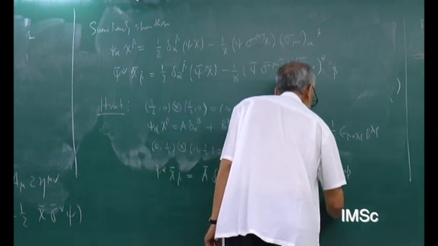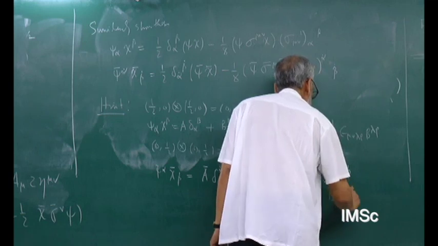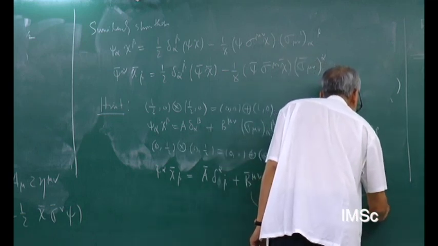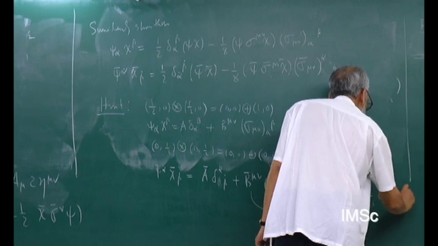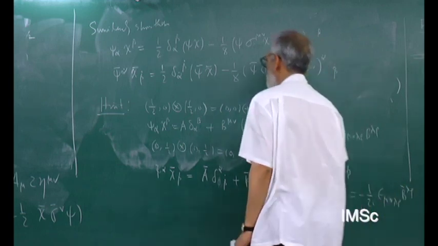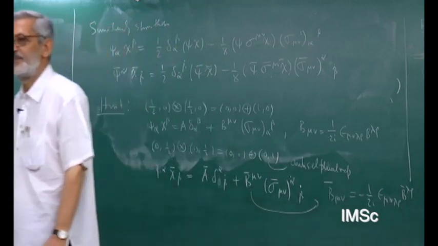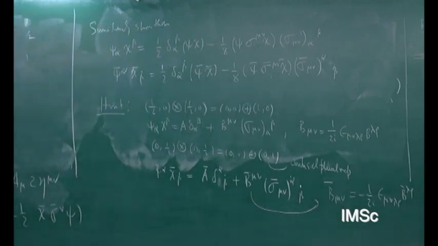This is anti-self-dual. And obtain the next one. Is that clear?